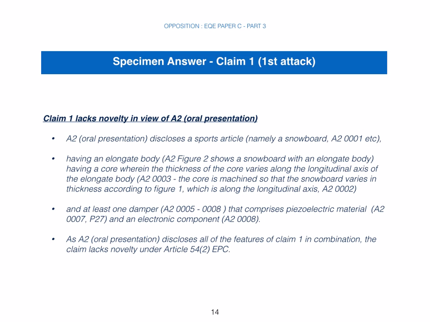And at least one damper, A2 paragraphs 5 and 8, that comprises piezoelectric material, A2 paragraph 7, and an electronic component, A2 paragraph 8.